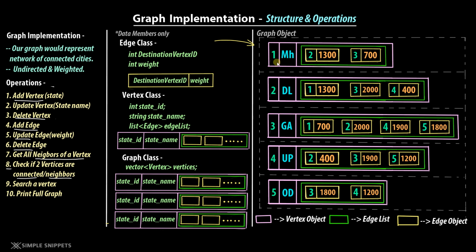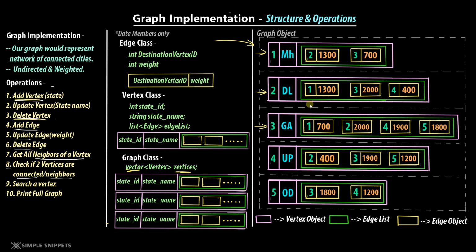In case one more state is added, let's say Madhya Pradesh is added, there would be one more entry below, and it will have all these elements similar to this. Because vertices is a vector, the number of vertex objects, that is these pink containers, can increase and decrease, because we will be adding a particular vertex and we will also delete a particular vertex, right?